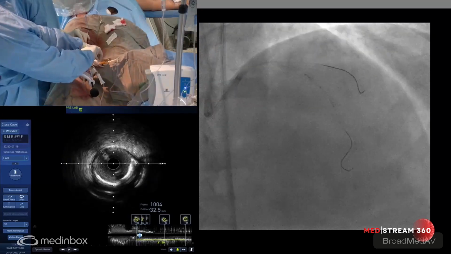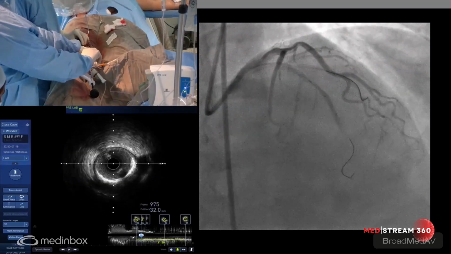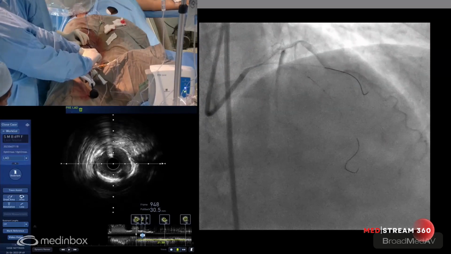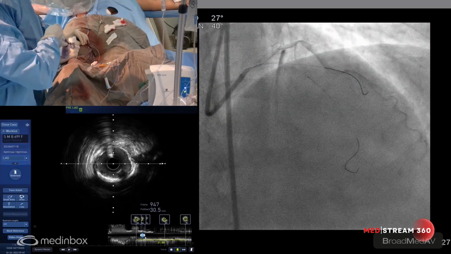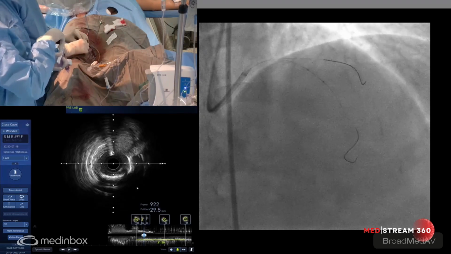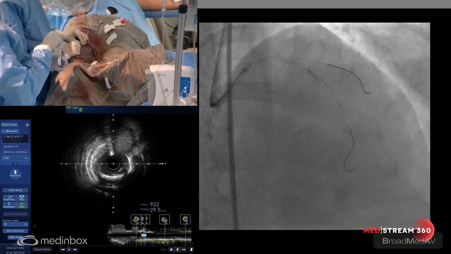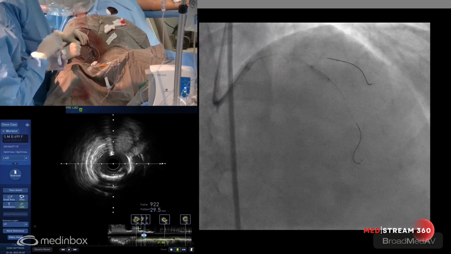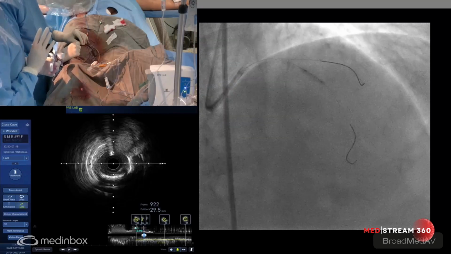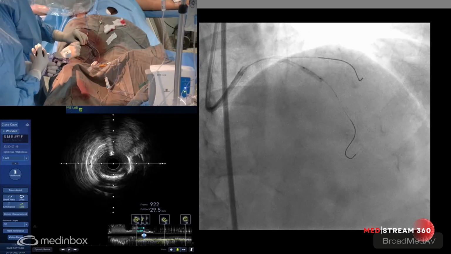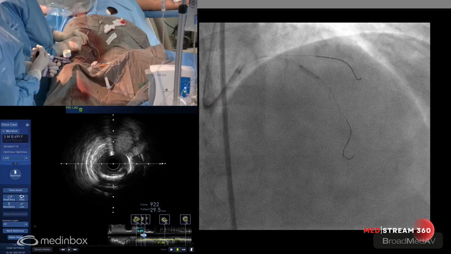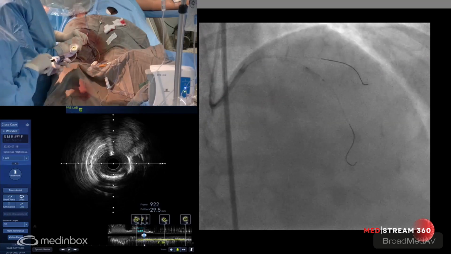Yes, sir. Small check, please. Go up, please. All right, so this is a 3.0 by 10 Wolverine. Yeah, it's come up reasonably well. Deflate, please.